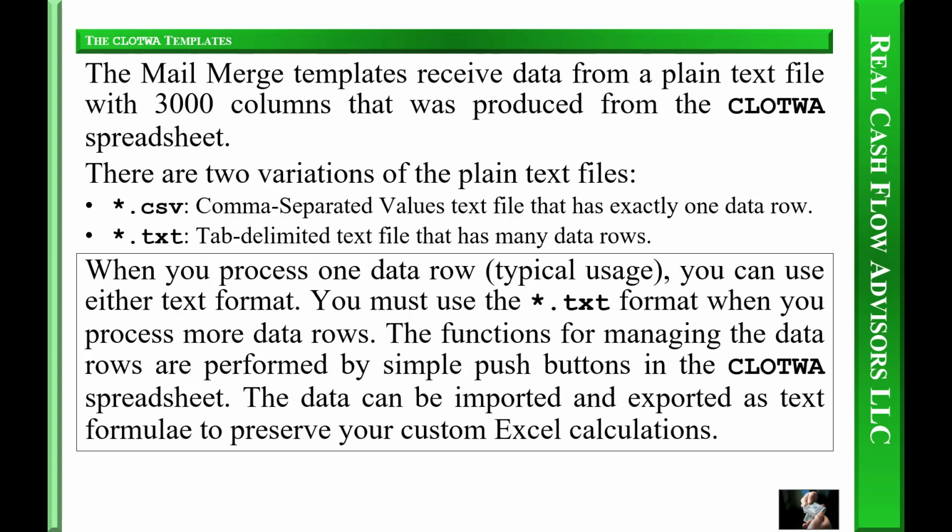When you process one data row, typical usage, you can use either text format. You must use the TXT format when you process more data rows. The functions for managing the data rows are performed by simple push buttons in the CLOTWA spreadsheet. The data can be imported and exported as text formulae to preserve your custom Excel calculations.